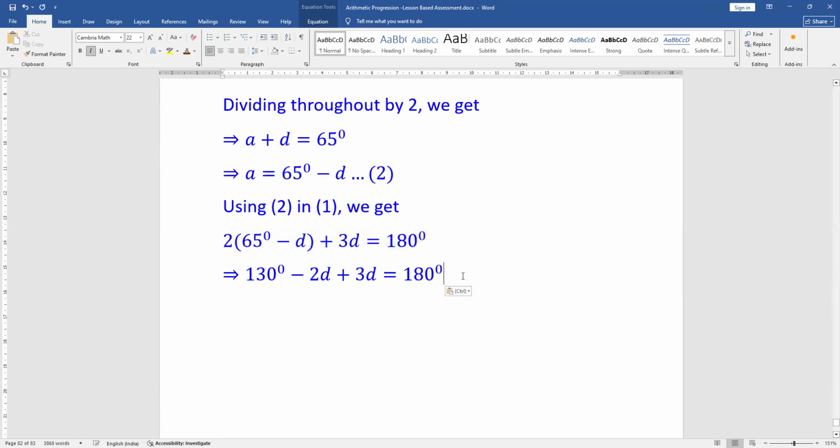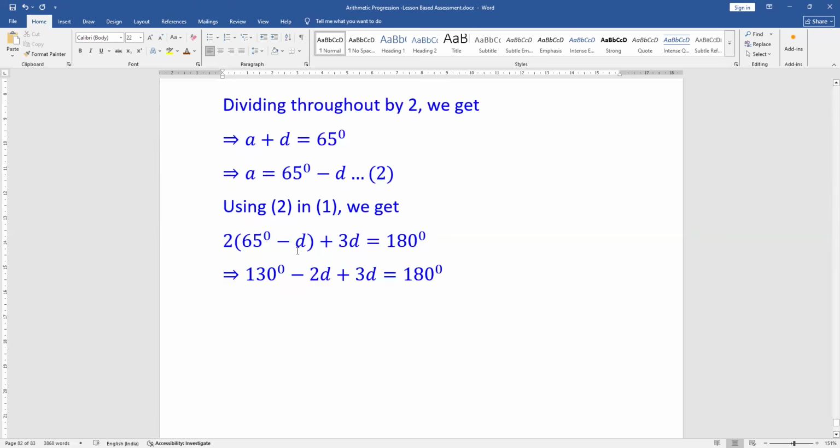Okay. Then what I do is, now here, if you notice properly, all the D components you add separately, and all the degree components you add separately. That means you can transpose this 130 degree to the right hand side.